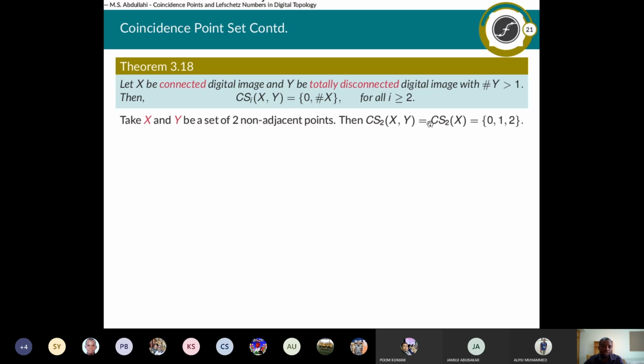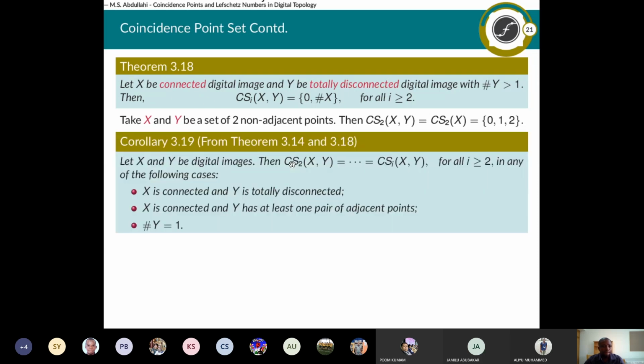Then we can see that the spectrum will change, because we'll also have the introduction of 1 as an additional element. That's just because we consider X to also be totally disconnected.